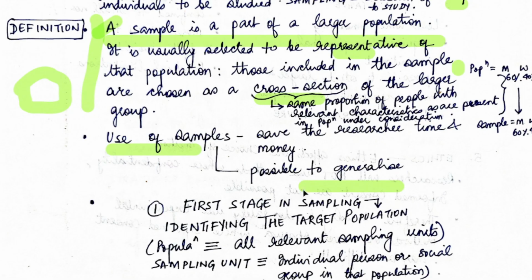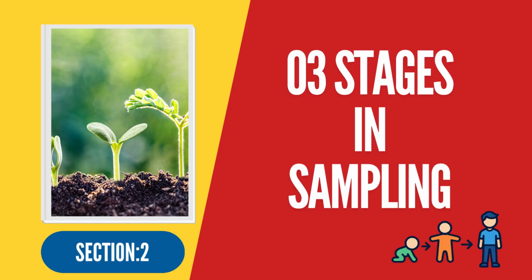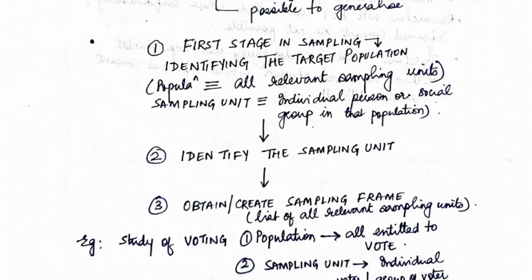Now we will get into stages in sampling. The first stage in sampling is identifying the target population. We need to define who exactly we want the results about. Population here means all relevant sampling units.